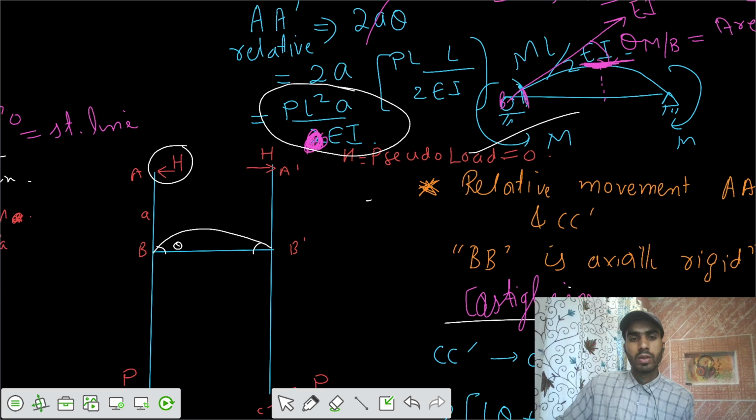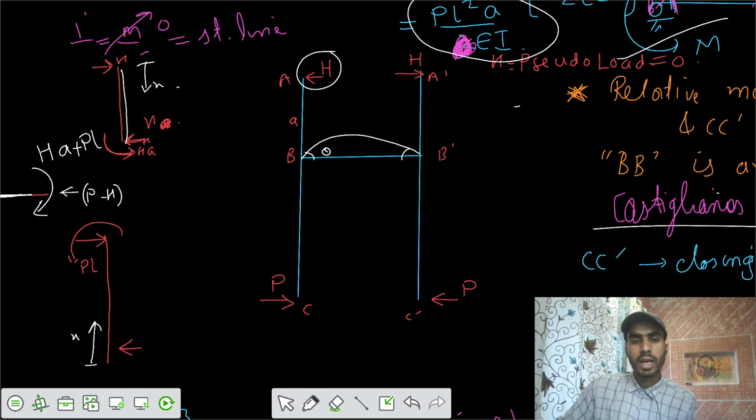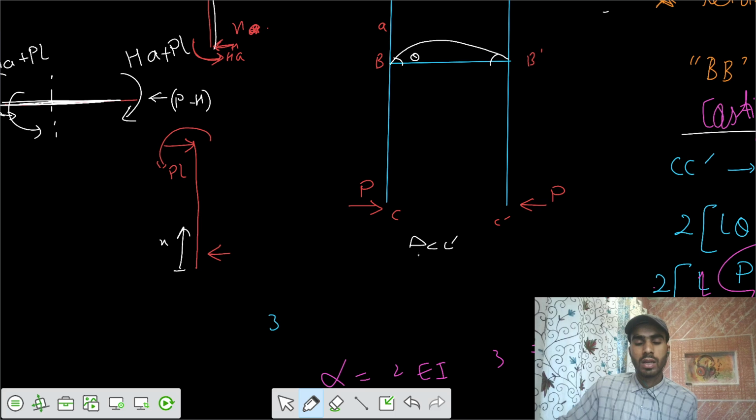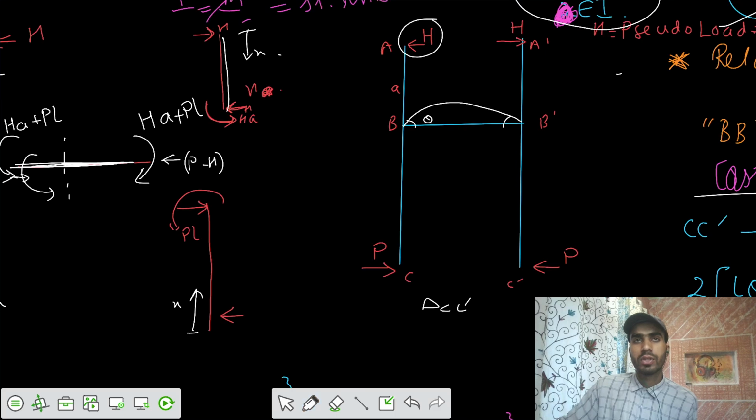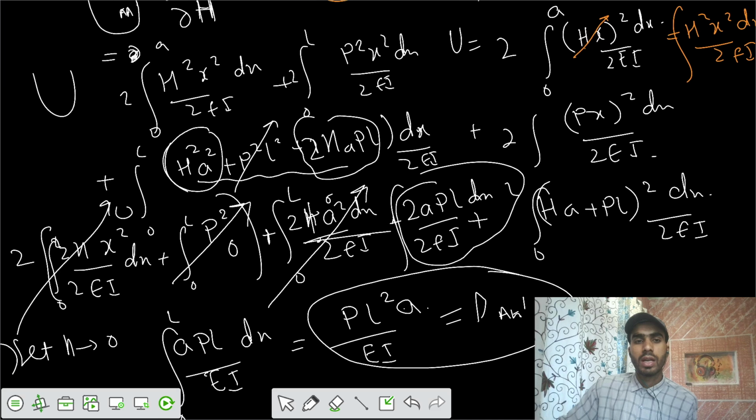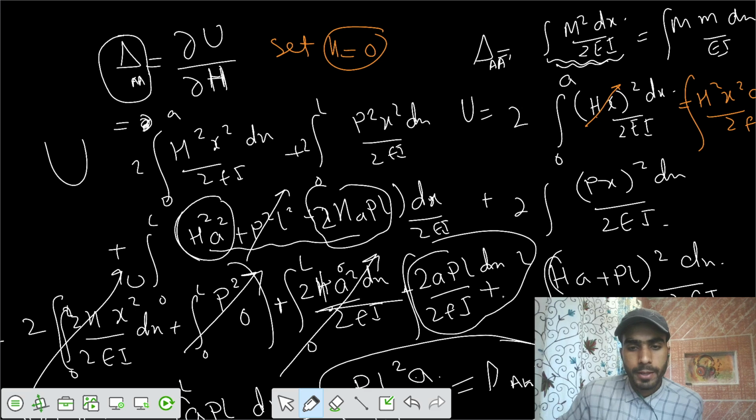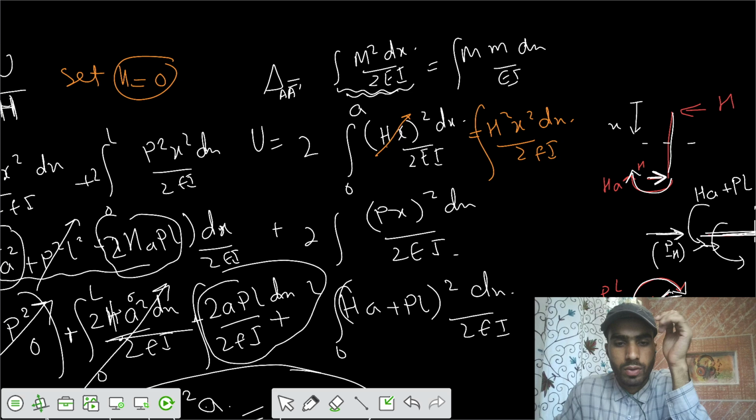Now to get the value of deflection related to displacement of point CC dash, there is actually no need of this pseudo load H acting at that point. If I keep the strain energy stored as that of earlier, only you have to set the H value equal to 0.